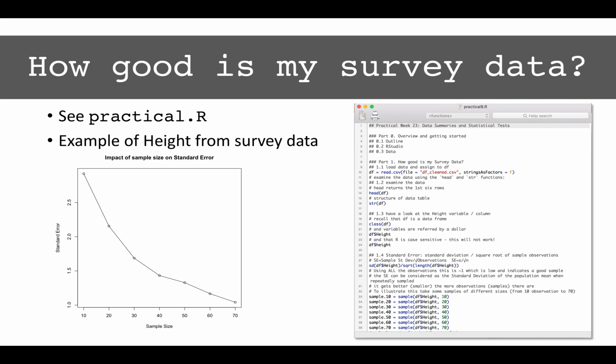So this is for height, which had a mean of something around 170 centimetres for you guys. And if we were looking at, I don't know, hours spent in the gym, where the numbers were themselves lower, then obviously the standard error would have a different possible range.